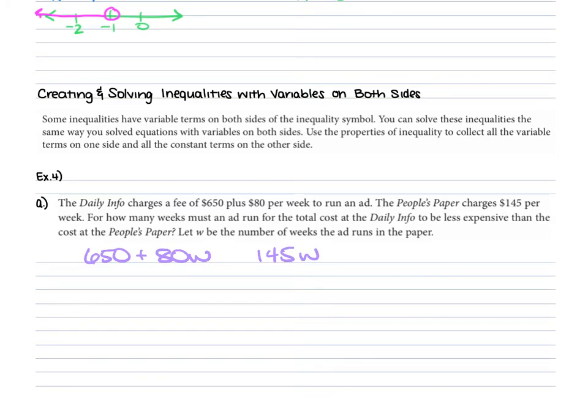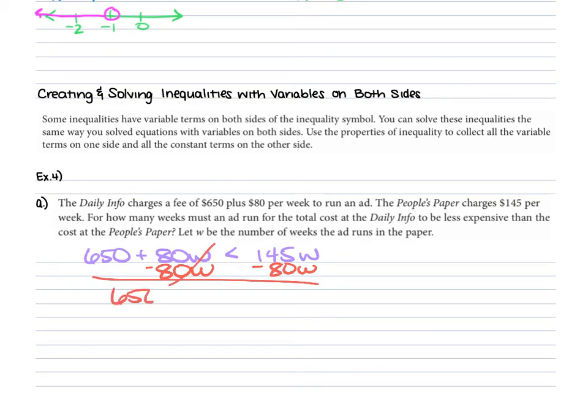So it tells us to find the total cost for how many weeks must an ad run for the total cost for the Daily Info, the one on the left, to be less expensive. So that would have to be less than the $145 per week. So we're going to solve this. Get your W's by themselves. So we're going to subtract 80W from each side.